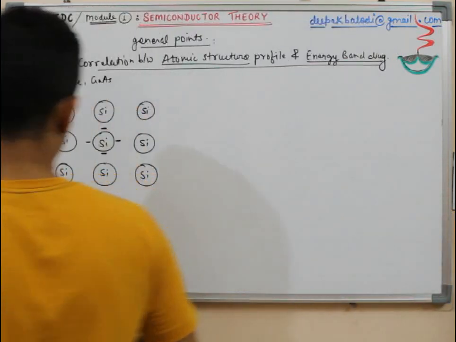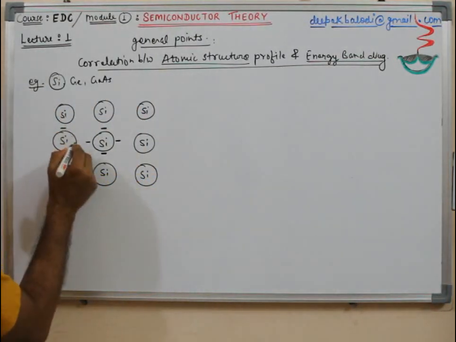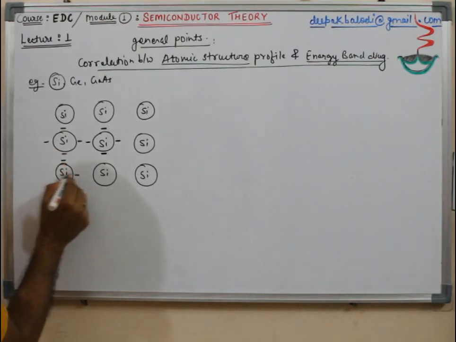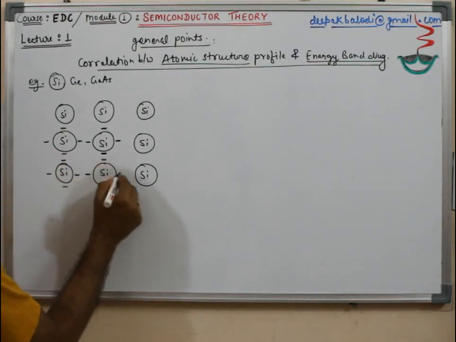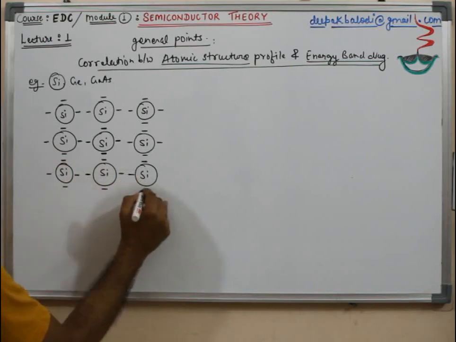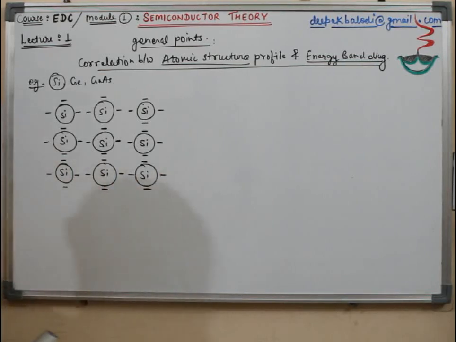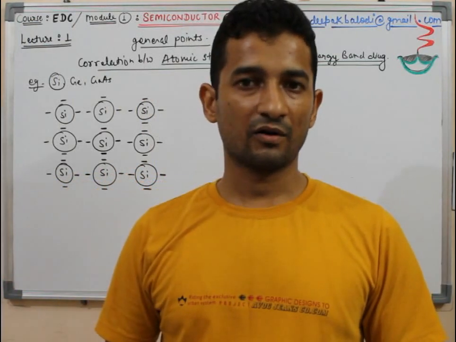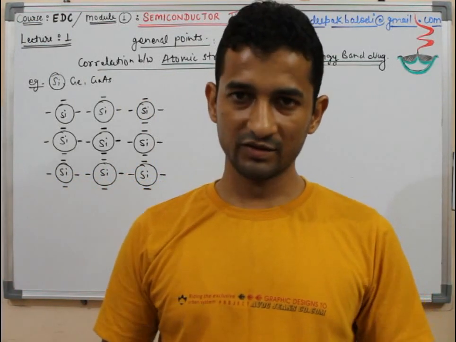Similarly other atoms also have these four electrons in their outermost shell. It requires at least 8 electrons in the outermost shell to complete its orbit.